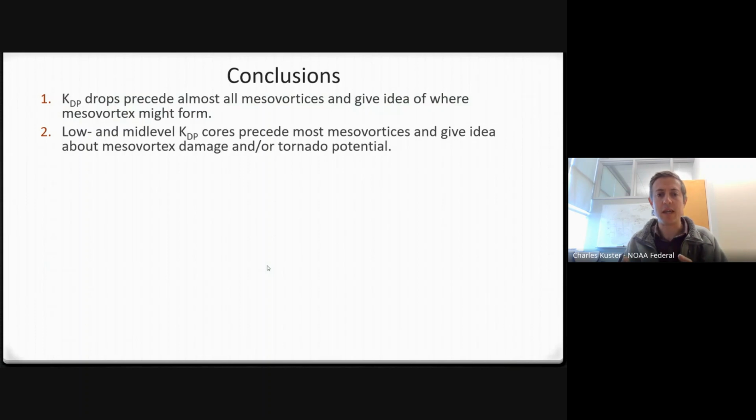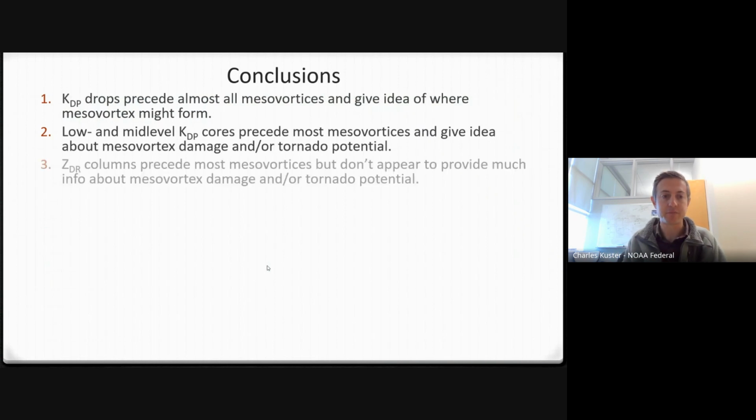We also looked at KDP cores at the 0.5 degree elevation angle and at the elevation angle closest to the melting layer. And these really turned out to be what I think are the best, quote unquote, best radar signature of all the ones that we looked at, because they're present with a lot of mesovortices, and they also had the best connection between radar signature strength and mesovortex strength.